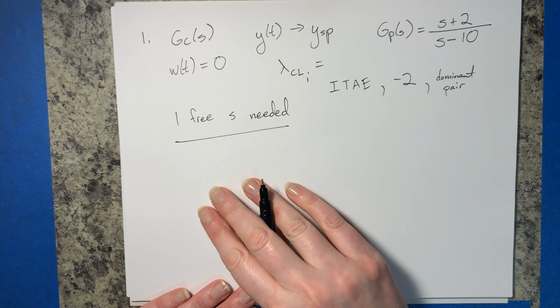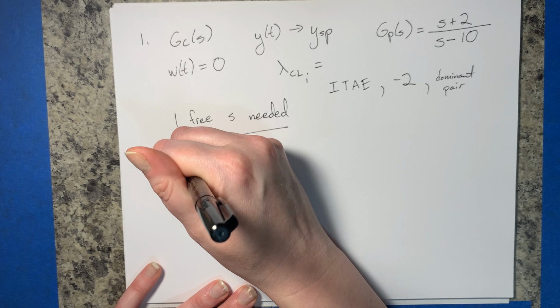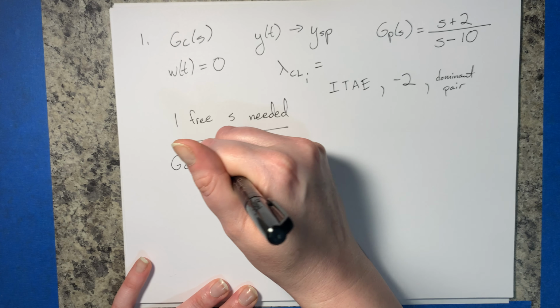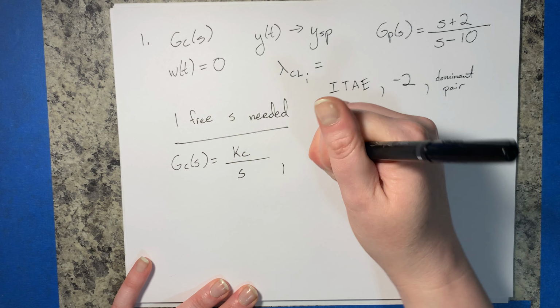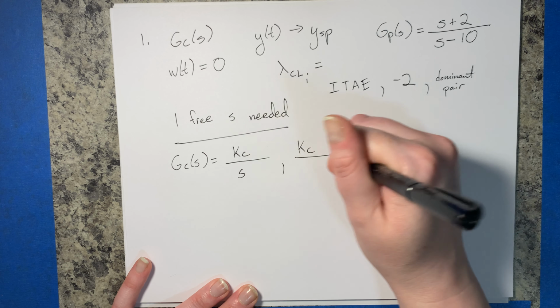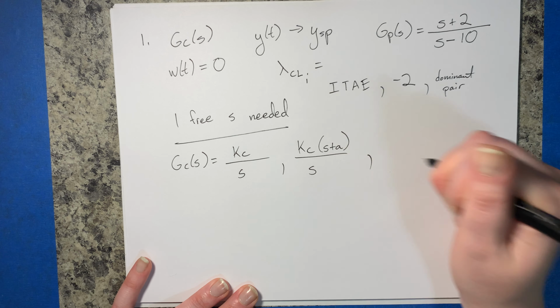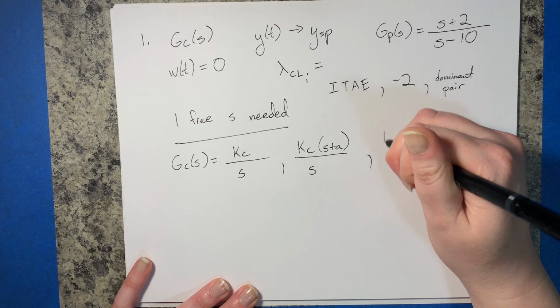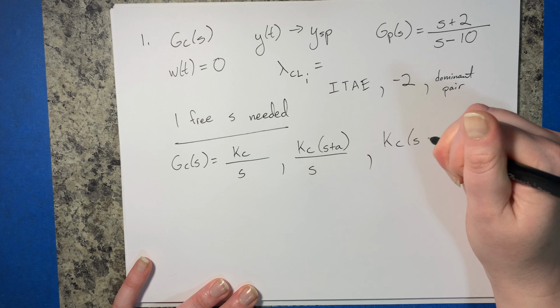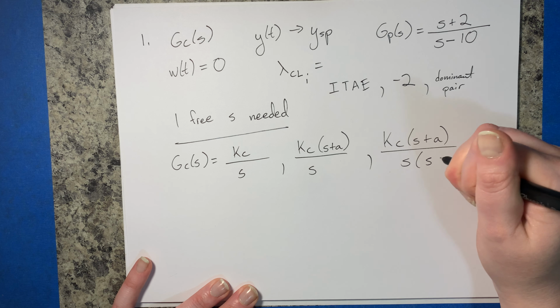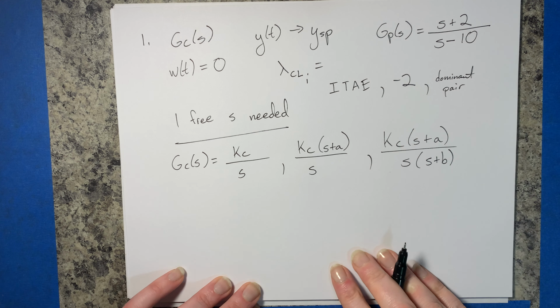That means that we can write out our trial designs. GC of S is going to start off with KC over S. If that doesn't work, you would have KC over S times S plus A on the numerator. If that doesn't work, then you will have to add something on the denominator.